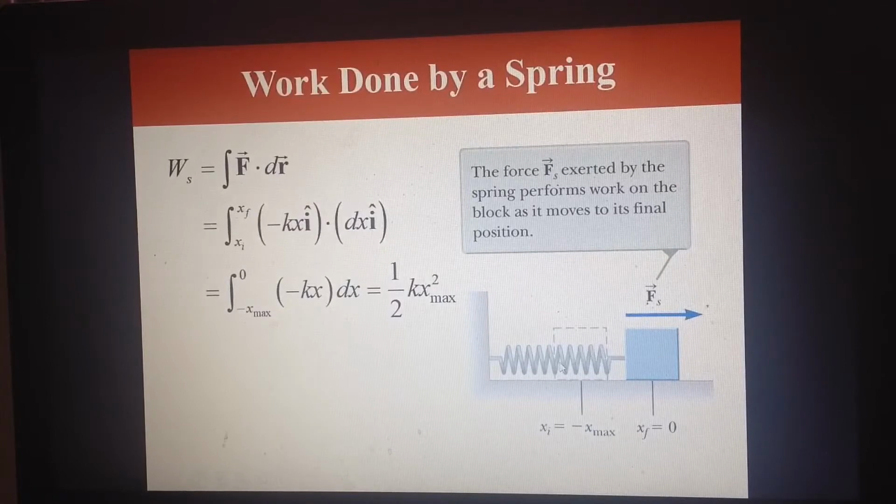Because the force is changing as you go from this point to this point, we need to calculate the work using an integral. So if you integrate from negative x max to 0, you get 1/2 kx squared. So this is the amount of energy that is converted into the kinetic energy of this mass right here.